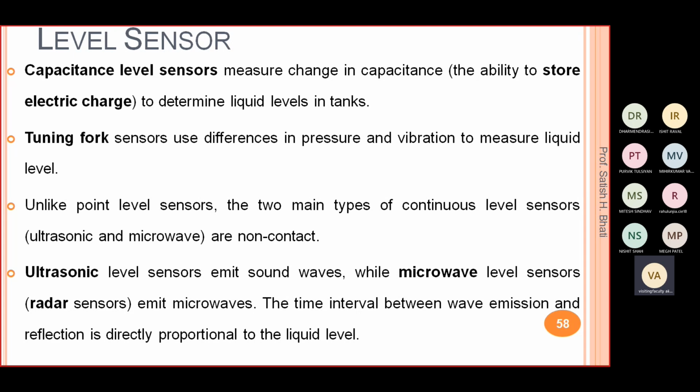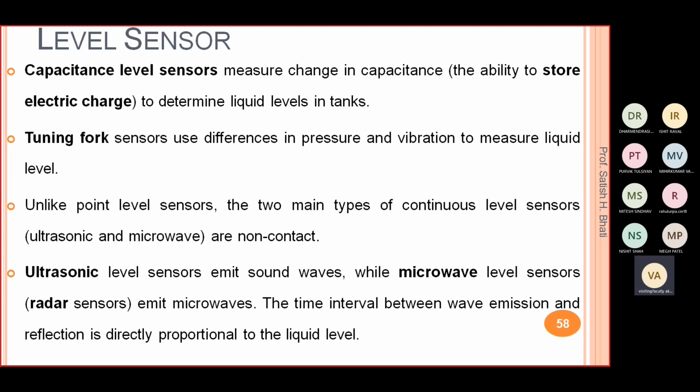Once they reflect back from the surface, you have fixed the position of the sensor above the tank, and in the tank you are filling some liquid. Based on the level of the liquid, since the sensor is on the upside, if the level is very low, then the waves have to travel for more time, because they reflect back from the surface of the liquid.